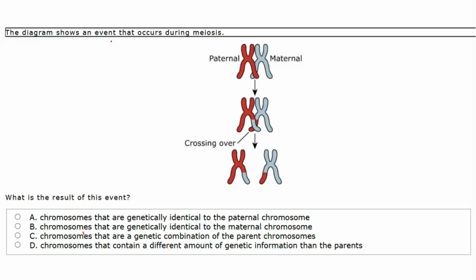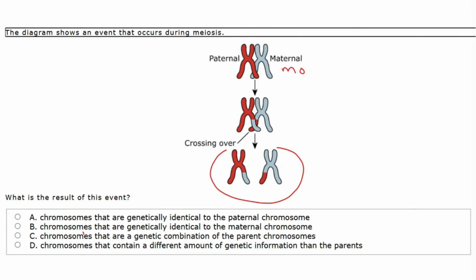The diagram shows an event that occurs during meiosis. Here you can see during meiosis, crossover is happening, and after the crossover, you can see the result is these two chromosomes. You have to say how the chromosomes look. From the picture, you see that this is maternal.